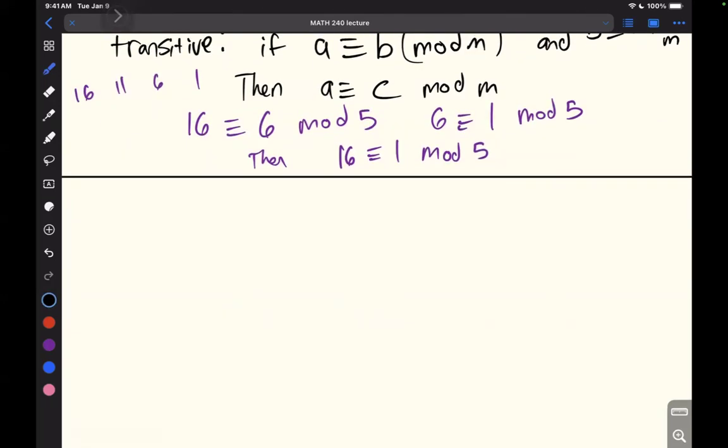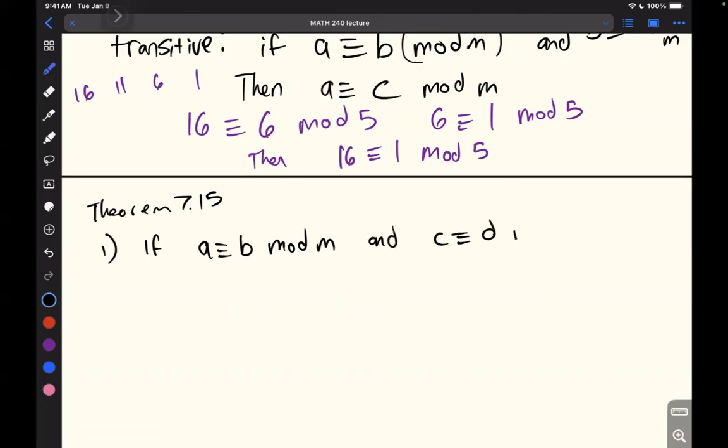All right, so this is theorem 7.15 if you're interested. And this theorem is all about what can we do with this. This is modulo arithmetic. And so we have, assuming that A is congruent to B mod M and C is congruent to D mod M, then we're going to add them together.